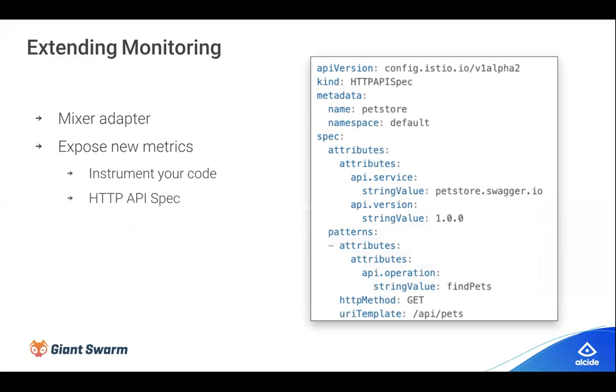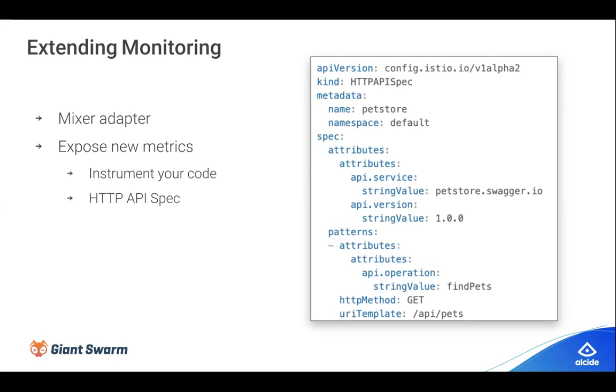But there is also a not very famous concept in Istio, and it's this HTTP API spec, which allows you to define how your APIs are structured. So this is kind of like Swagger or the OpenAPI model, and then you can define here in the spec which attributes you can generate from this request to the API.